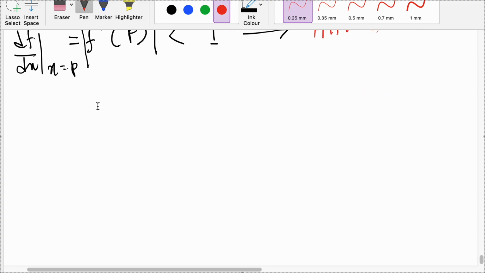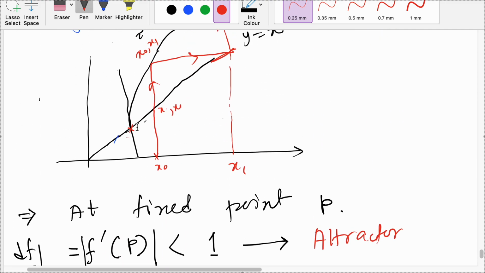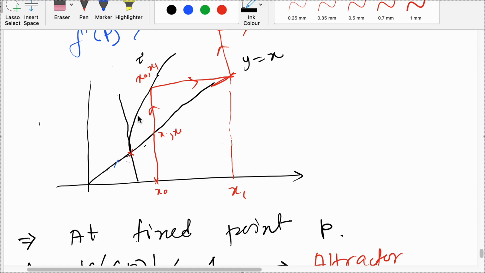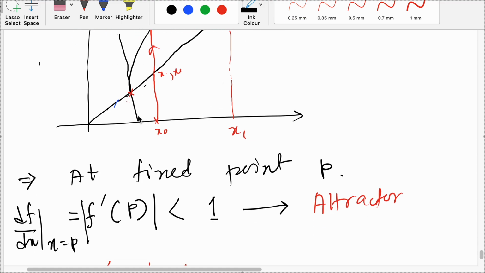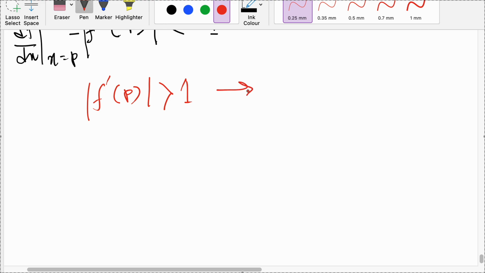And on the opposite, if f prime p is greater than 1, all the initial conditions will go away from this fixed point, so that's why it is called a repeller.